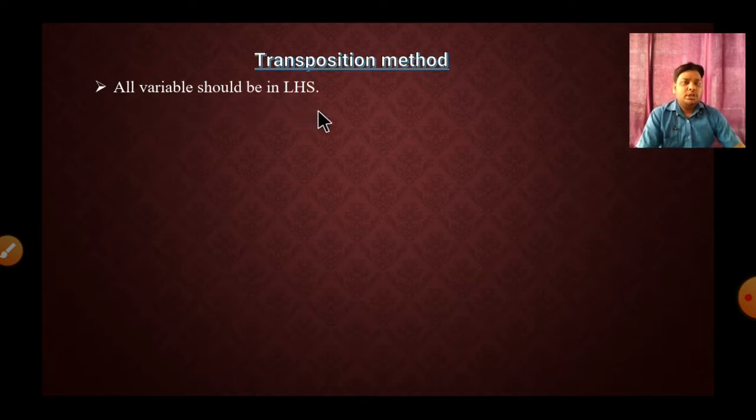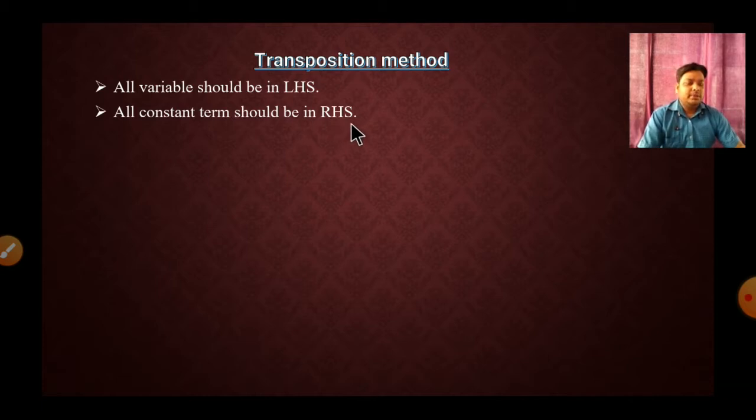It means if any variable is in RHS, then we will change it into LHS. Now all constant terms should be in RHS. We will separate it: all variables in LHS and all constant terms in RHS.